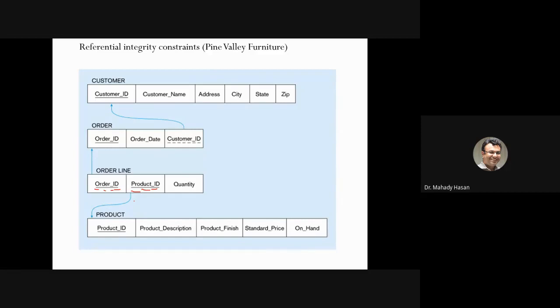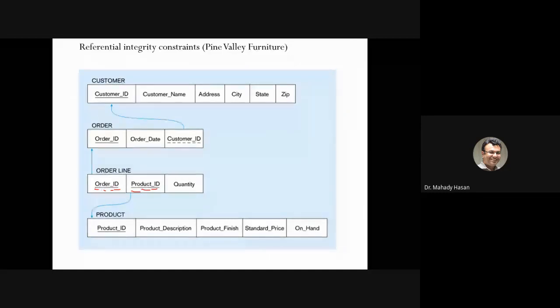So primary key is more powerful than the foreign key. That's why if something is primary key, you don't need to mention this is also foreign key. If someone is primary key, what we need to do, we need to underline, right? So we already have underlined them. So if you underline them, we don't need to mention they are foreign key.